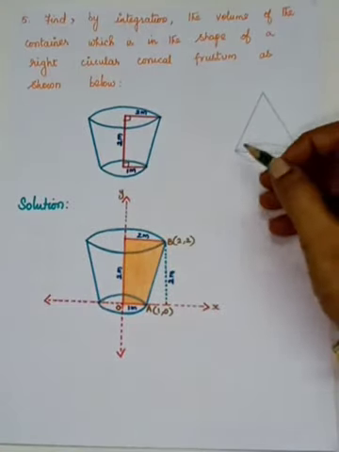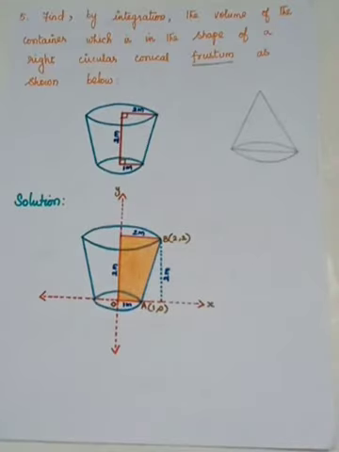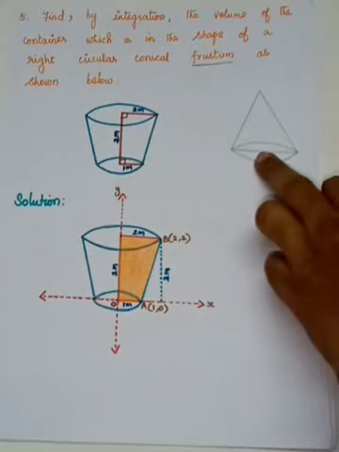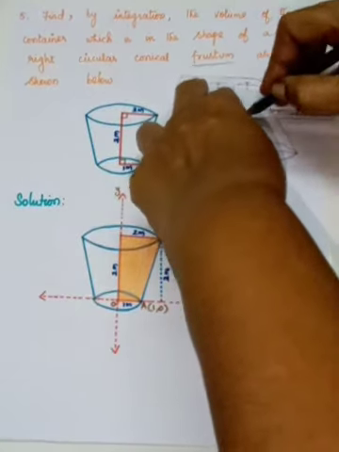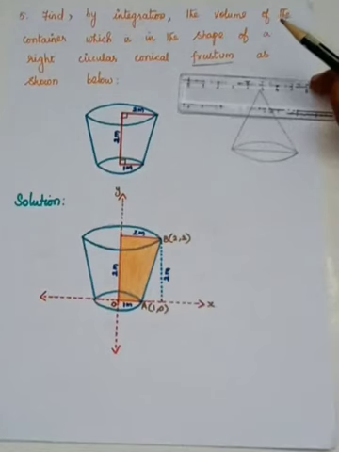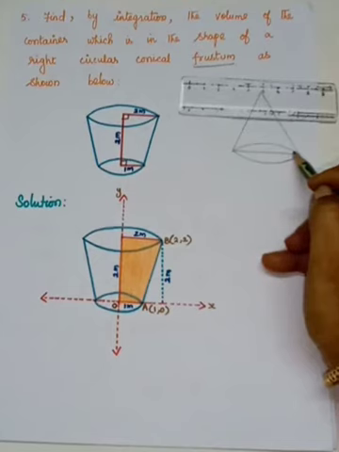So first you should know what a frustum is. A frustum is nothing but a right circular cone when it is cut by a line parallel to the base.